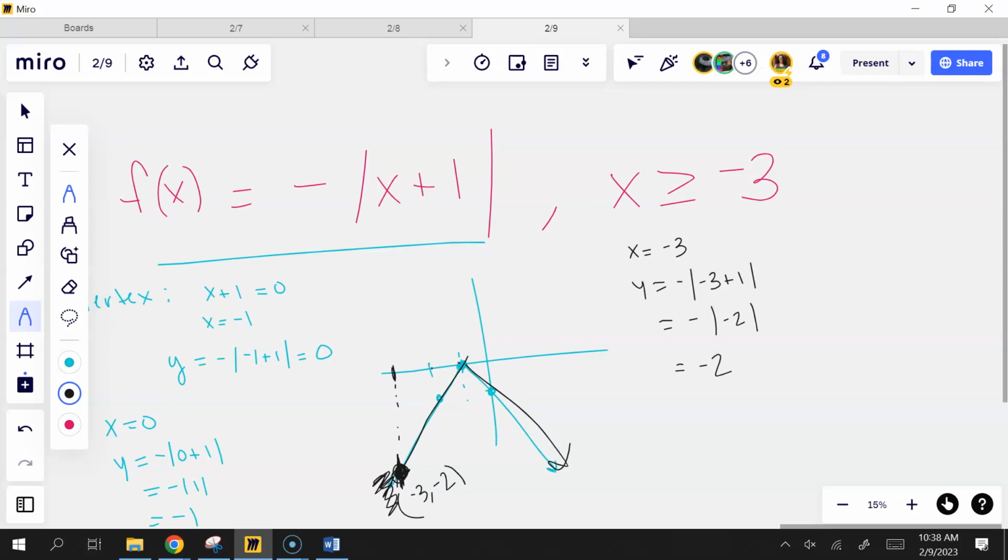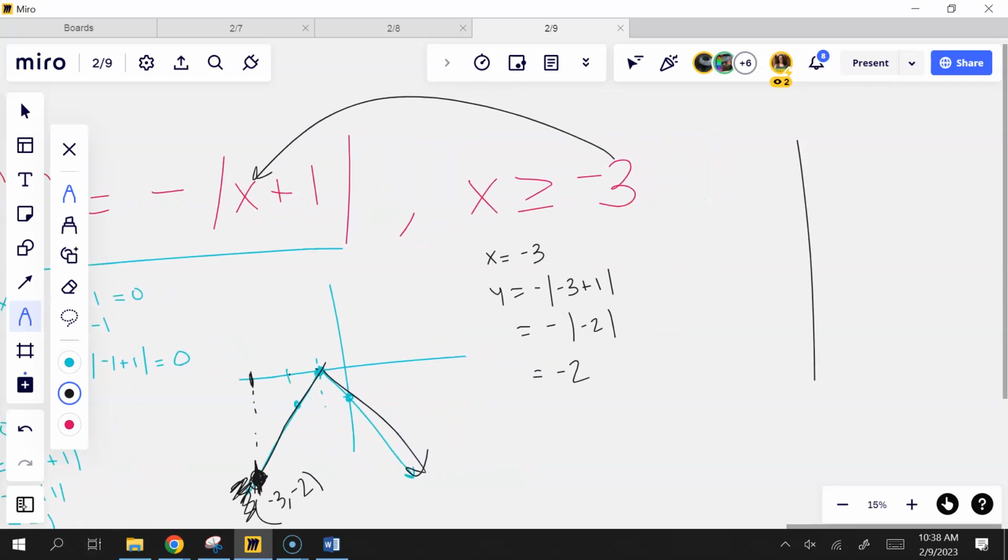Now, if I did this the other way, if I plug this -3 in initially, and I got -3, -2, and maybe this way is easier for you. There's my cutoff. That's the same way we've been doing where we plug in the restriction, right? And then I know that I need to go bigger.